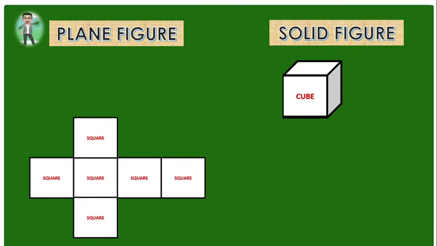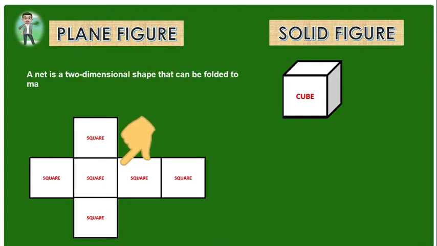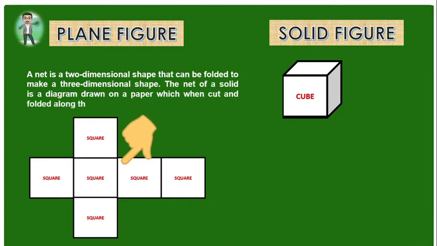This diagram represents a two-dimensional shape, and this is called a net. What is a net? A net is a two-dimensional shape that can be folded to make a three-dimensional shape. The net of a solid is a diagram shown on a paper which when cut and folded along the lines can be used to construct a solid shape. Let me show you a video of how this diagram is made into a solid figure.